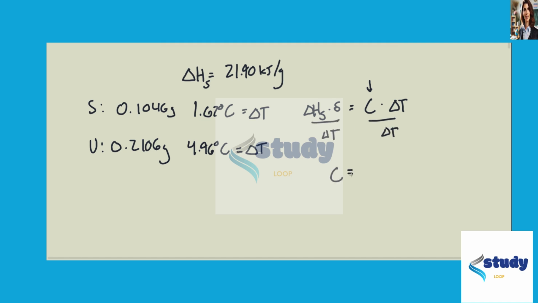Right, and we get the calorimeter constant is equal to that 21.90 kilojoules per gram times our 0.1046 grams, all over our 1.62 degrees C, which ultimately gives us 21.90 times 0.1046 divided by 1.62, 1.414.